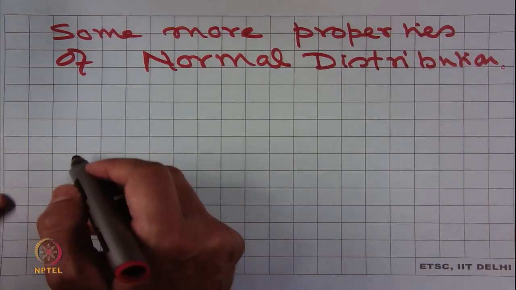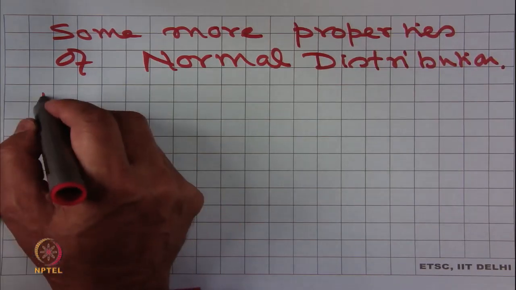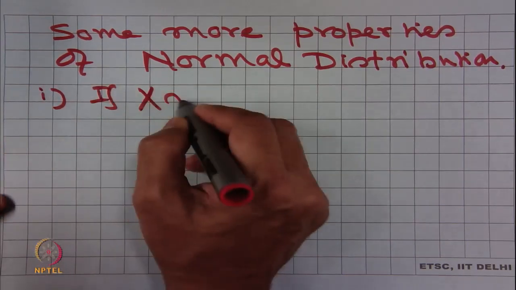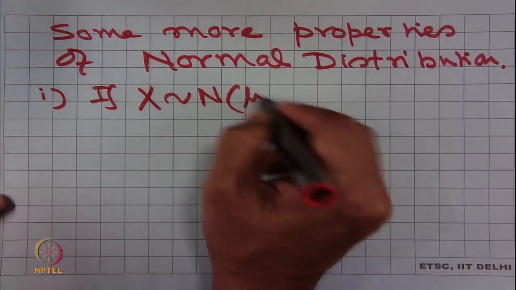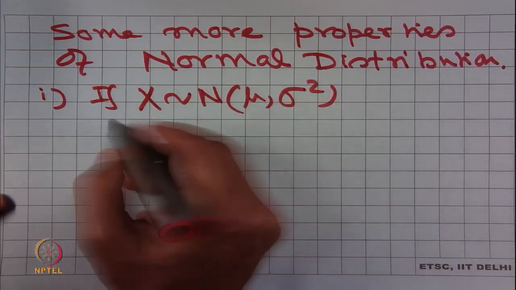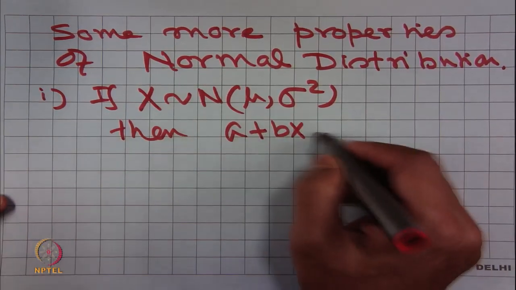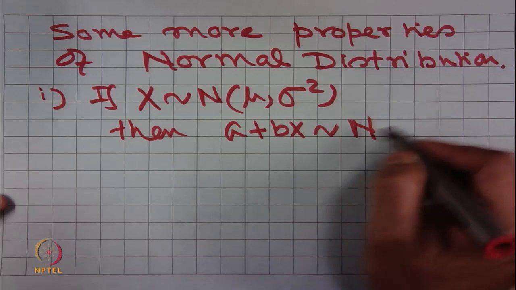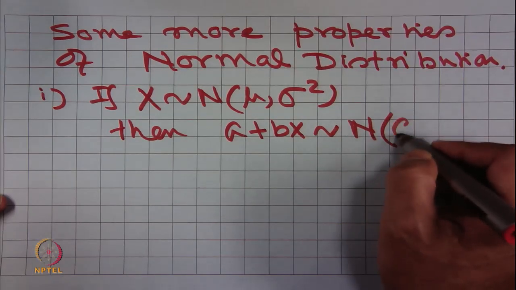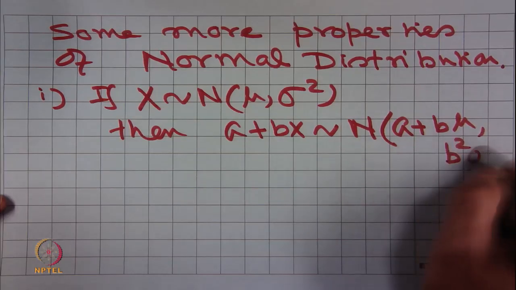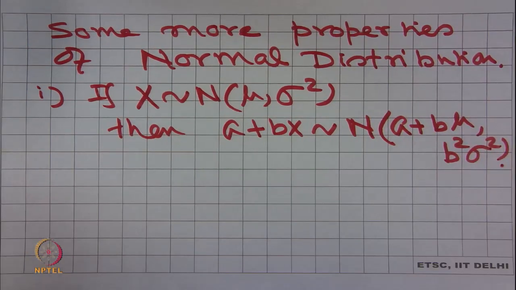What we have seen? We have seen that if x is normal with mu sigma square, then a plus b x is normal with a plus b mu comma b square sigma square. This is something that we have already proved.